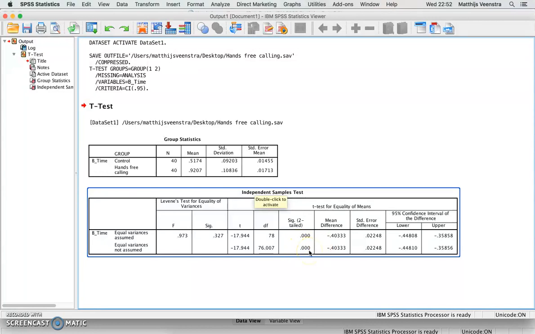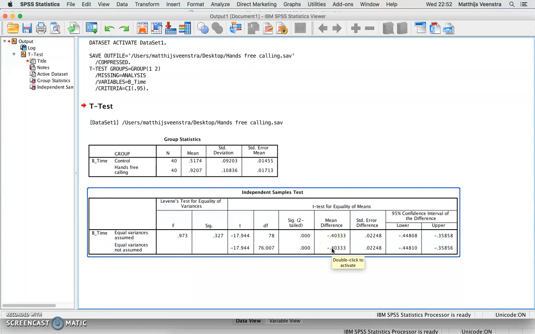Now, the p-value, as I explained, is the chance that you would find a difference of 0.4 seconds, an influence, you might say, of hands-free calling on the time it takes you to respond when something unexpected happens, if in reality you were wrong. So if in reality hands-free calling doesn't make a difference, then we would expect this to be 0.